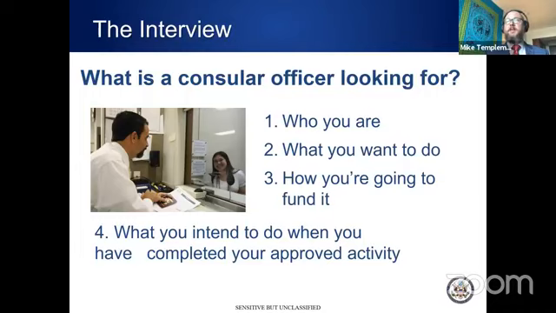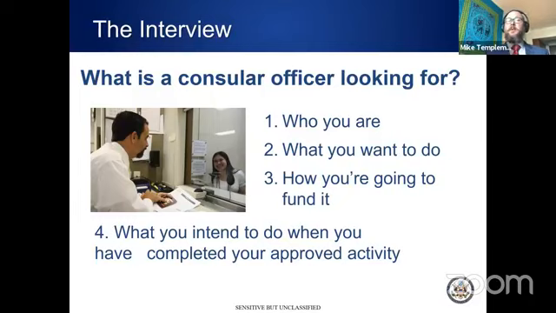And it is a requirement that a consular officer be convinced that you have sufficient funds to pay for your program. You could, in fact, bring bank statements or other supporting documents with you. Please know that if you bring such documents, things like a home ownership certificate or printouts of a bank account, an officer may or may not ask to see those documents. So that's just something to keep in mind.